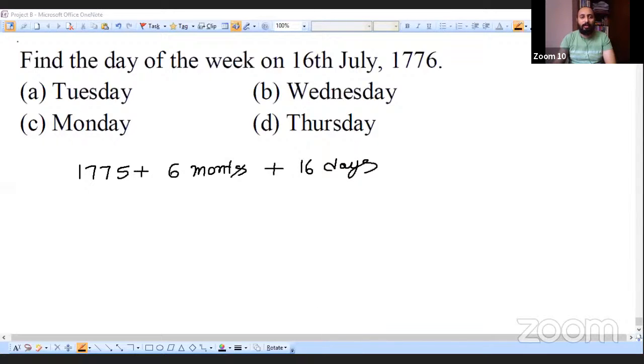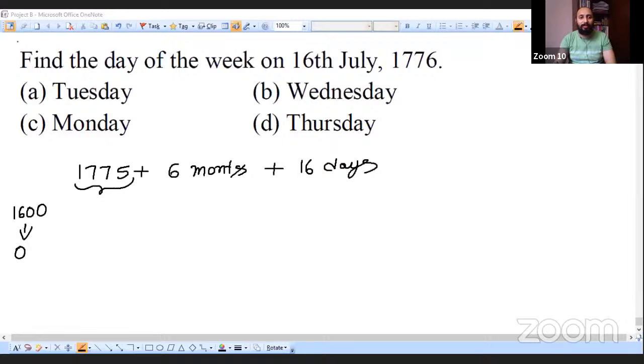In 1600 there were 0 odd days. 1775 I need. 1775 means 1600 to 1700, there will be 5 odd days.